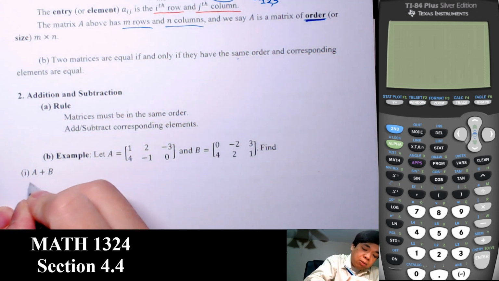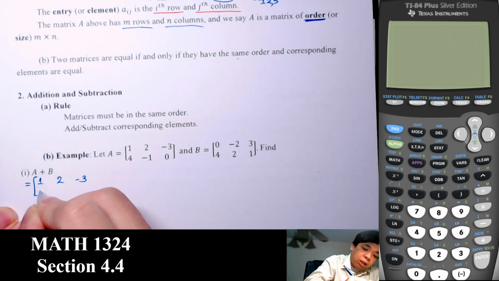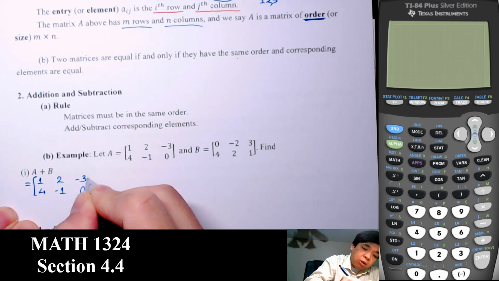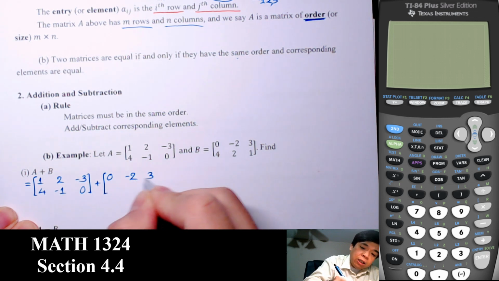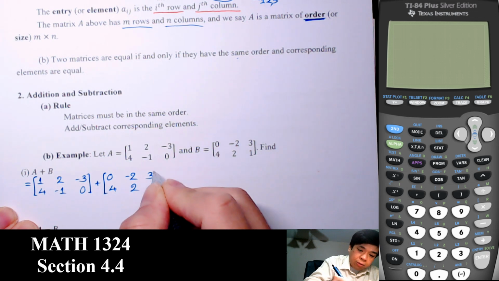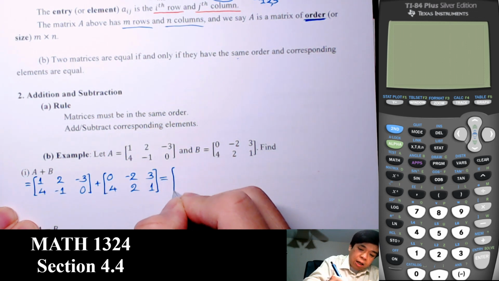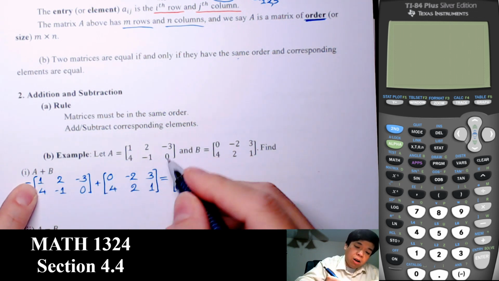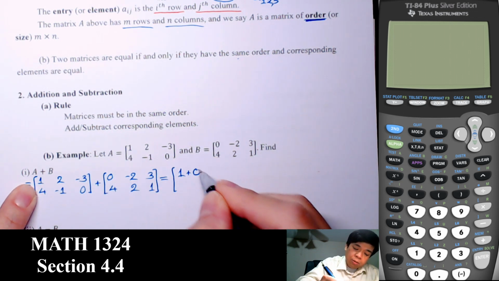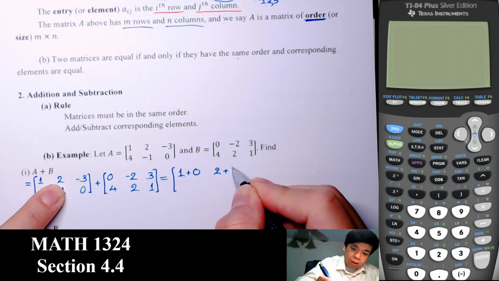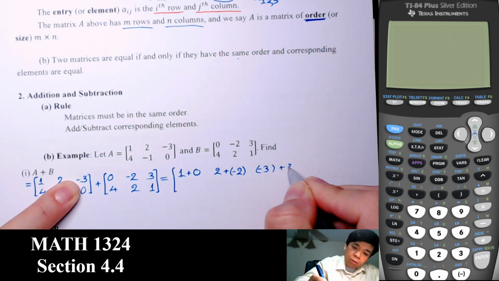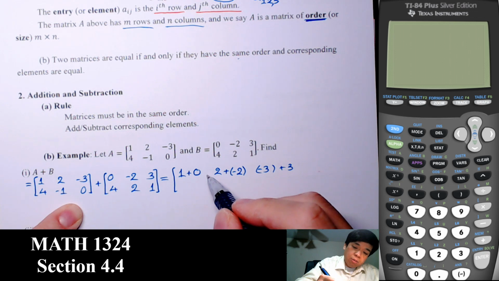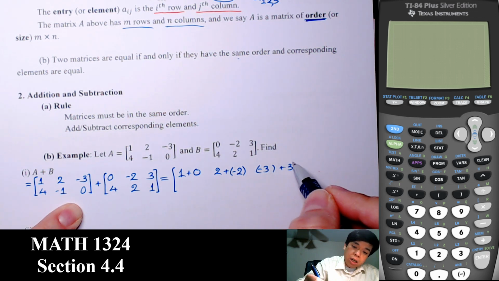So I will say A plus B: 1, 2, negative 3, 4, negative 1, 0, then add 0, negative 2, 3, 4, 2, and 1. Then we combine the entry in the first row, first column with the first row, first column. Same thing here. Remember, in the matrix we just have a space in between, and we don't write a comma between the entries.